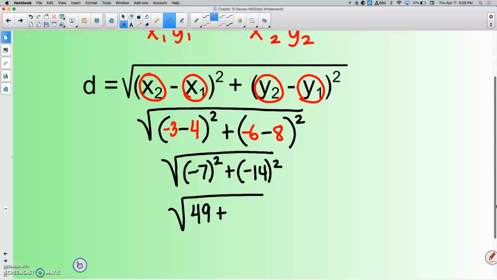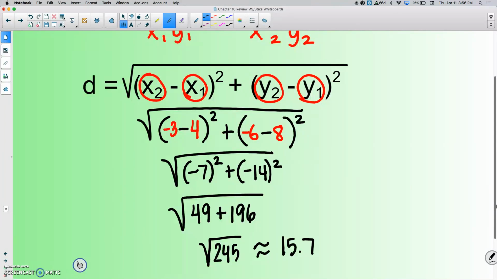And -14 squared is 196. Now, if you add those together, you get the square root of 245. And the square root of 245 is approximately 15.65. So that 5 or more raises the score, so it's going to be 15.7 instead of 15.6.